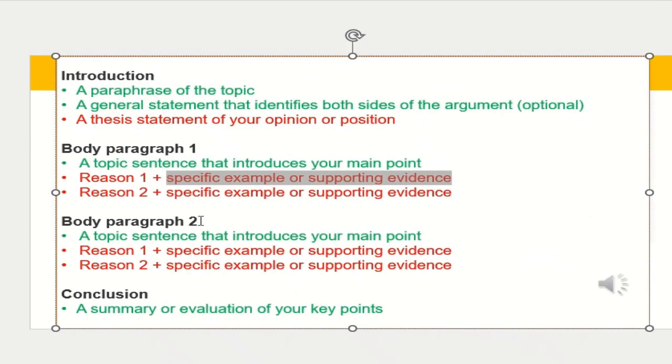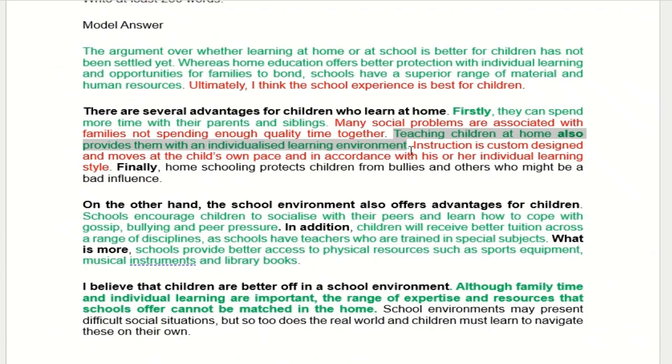Remember what we do in discursive writing. There has to be a specific reason, and right now this paragraph is giving reason 2. And then it is followed by a specific example or supporting evidence. Look at what has happened here in the essay. This green text is the specific reason, and what follows is the supporting information.